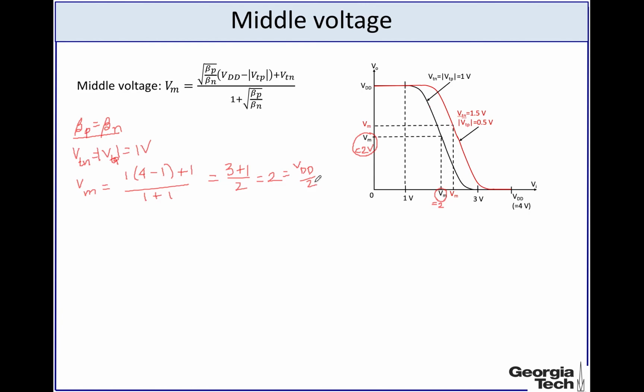Okay, so now let's look at the second case when your VTN is equal to 1.5 volts and your VTP equals 0.5 volts.